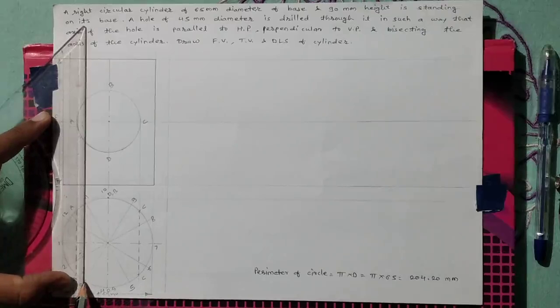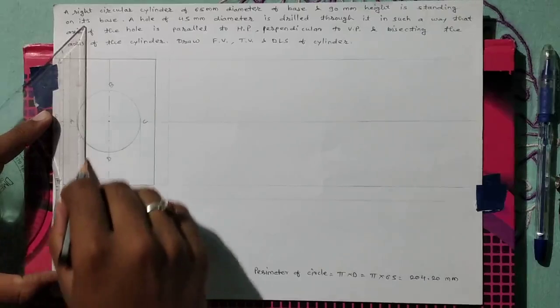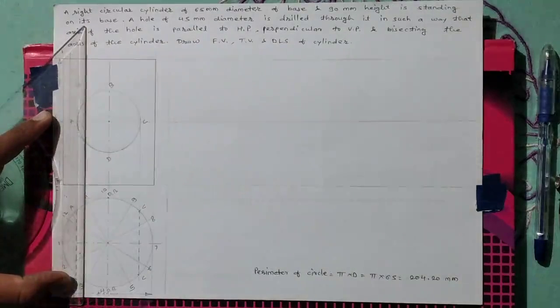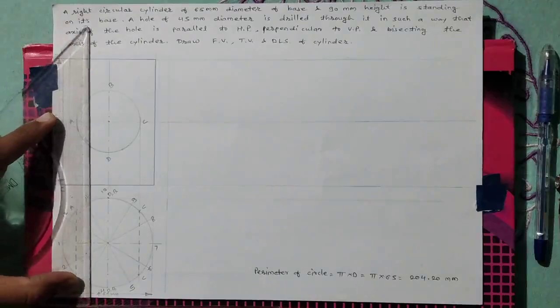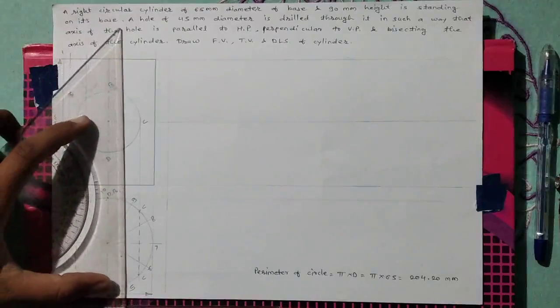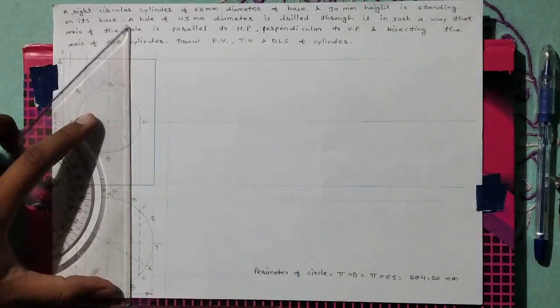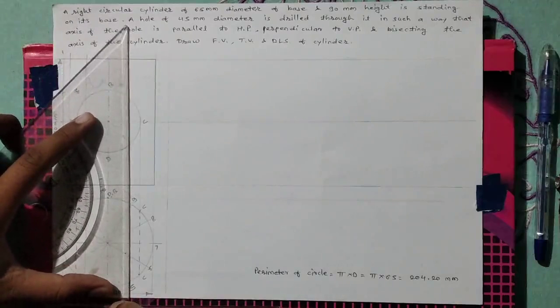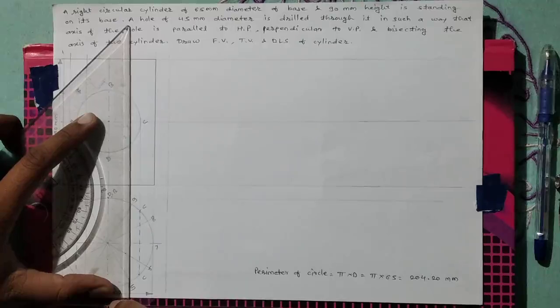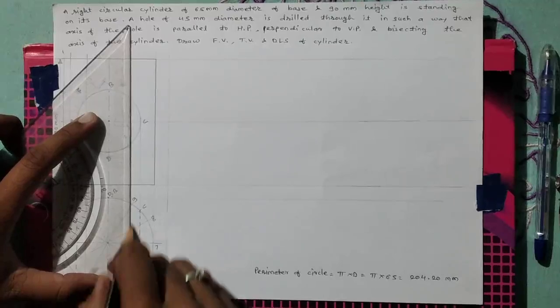Here also a single line passes through points 3 and 11. After that we have to take the projections of points 5 and 9.